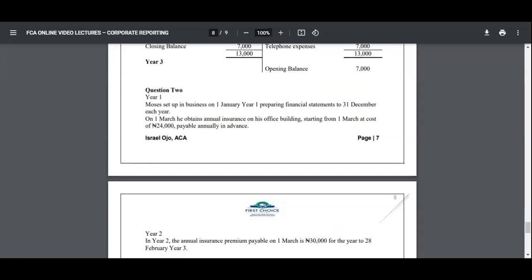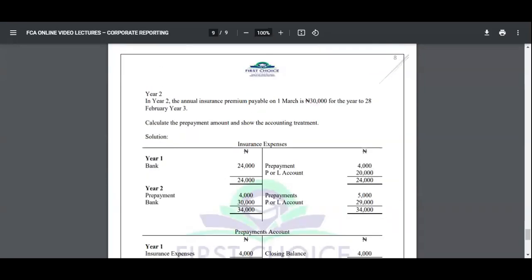Year 2, the annual subscription payable on 1st March is 30,000 naira for year 2 to 28th February year 3. Calculate the prepayment amount and show the accounting treatment.